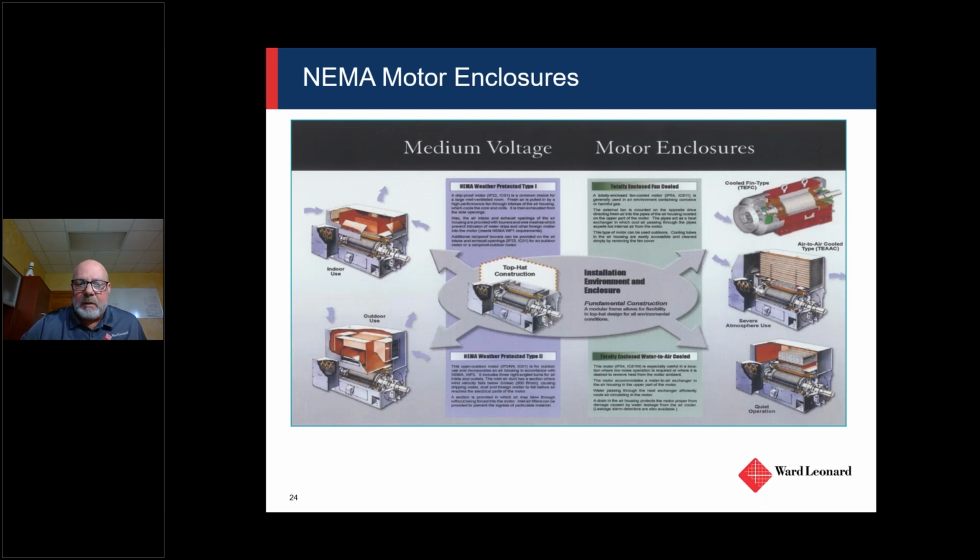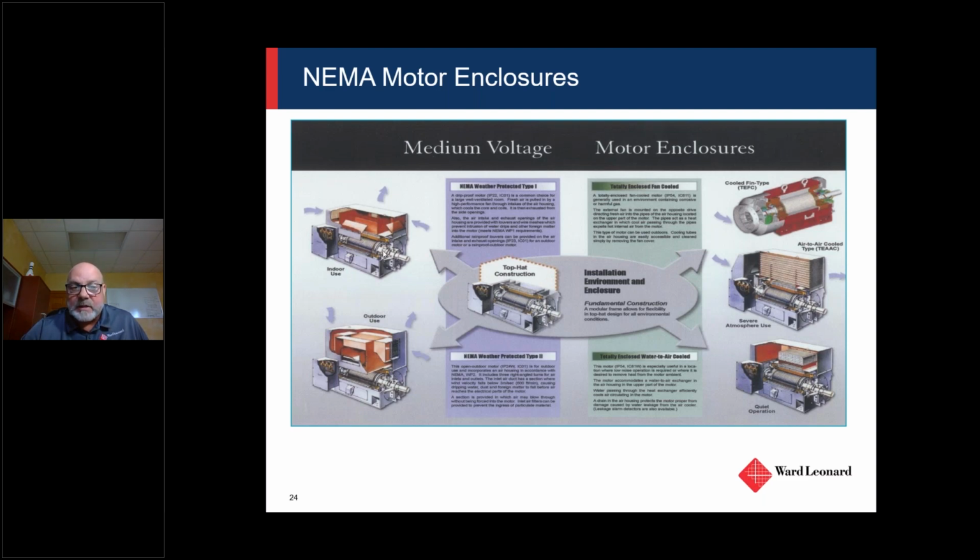When you get into medium voltage motors and higher, the enclosures start to get a little different. You have a NEMA weather protected type 1 or WP1. There's WP2, and I know this is hard to see because it's a little small, but it shows you the air-to-air exchange and how that works, right?